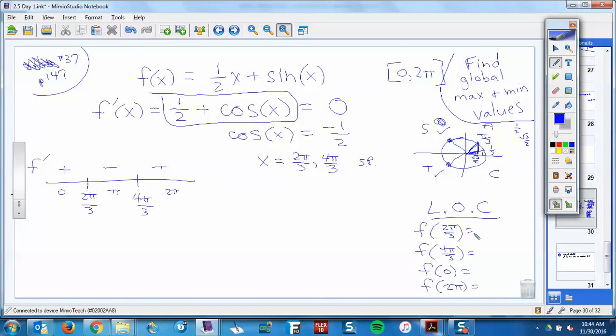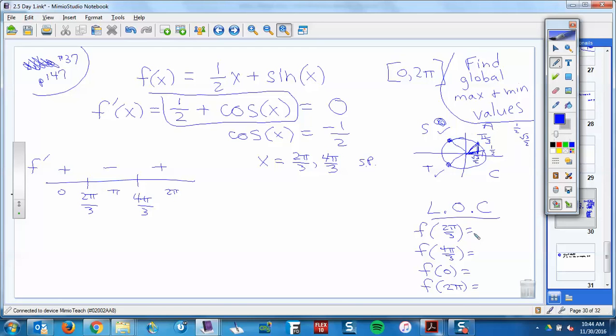Just think about this first one, 2 pi thirds. You gotta plug that into the original. You have to take 1/2 times 2 pi thirds. What's 1/2 times 2 pi thirds? 2 pi sixths, which would be pi thirds, right? Plus sine of 2 pi thirds.